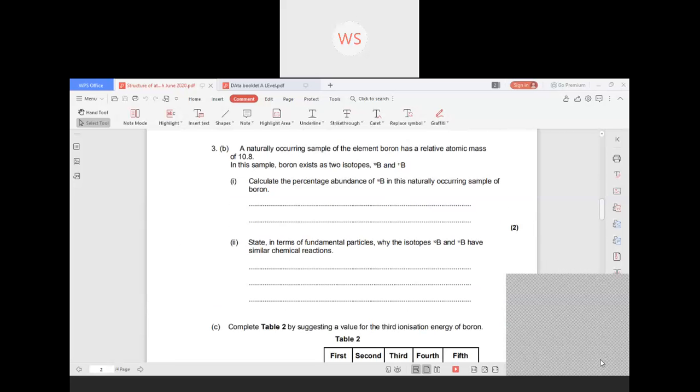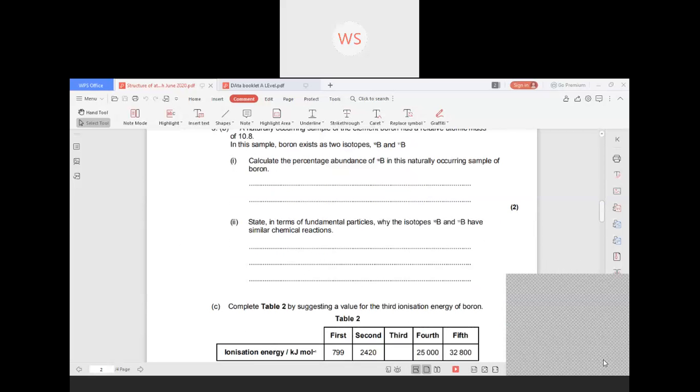And then in this sample, boron exists as 2 isotopes, boron 10 and boron 11. Calculate the percentage abundance of boron 10 in this naturally occurring sample of boron.